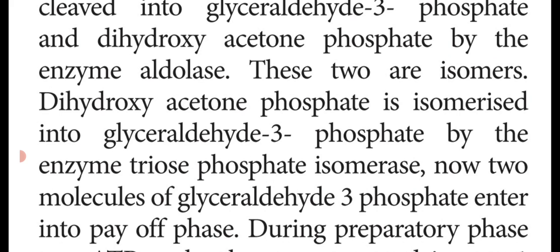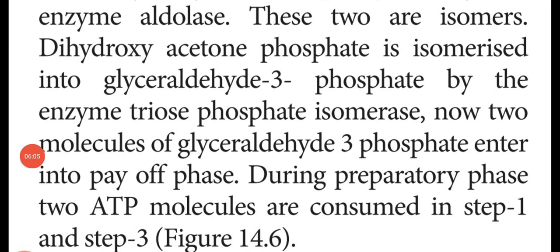Now 2 molecules of glyceraldehyde 3-phosphate enter into the next phase, that is the payoff phase. During the preparatory phase, 2 ATP molecules are consumed in step 1 and step 3. That one we will see in the flow chart of glycolysis.